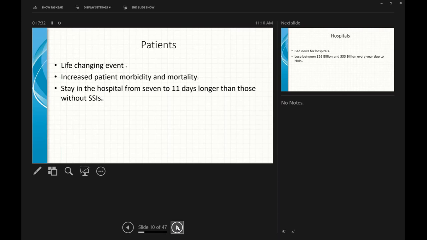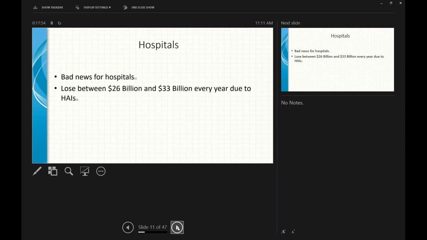It increases patient morbidity and mortality. And it's bad news for hospitals. The stay in the hospital is increased from 7 to 11 days longer than those without SSIs. And hospitals lose $26 billion to $33 billion every year due to HAIs.